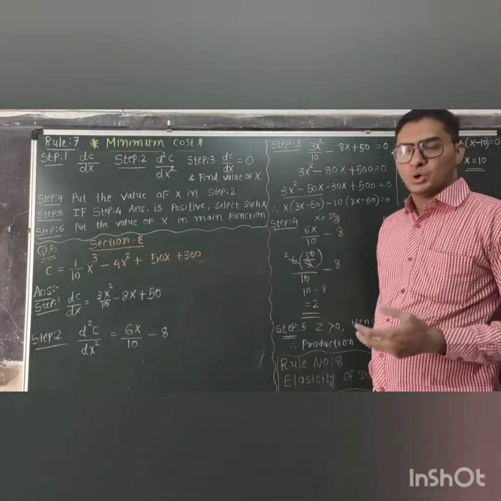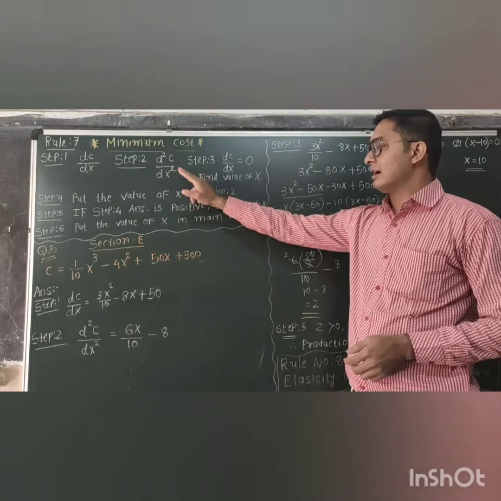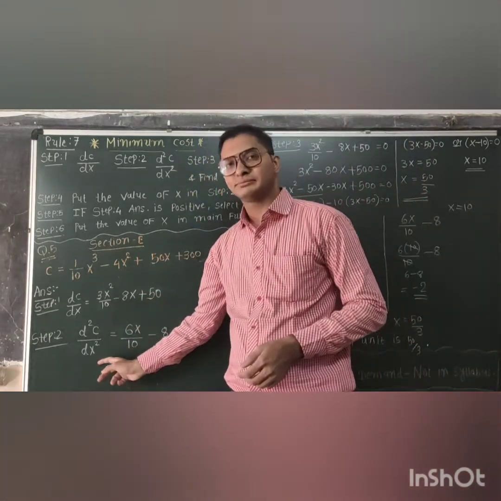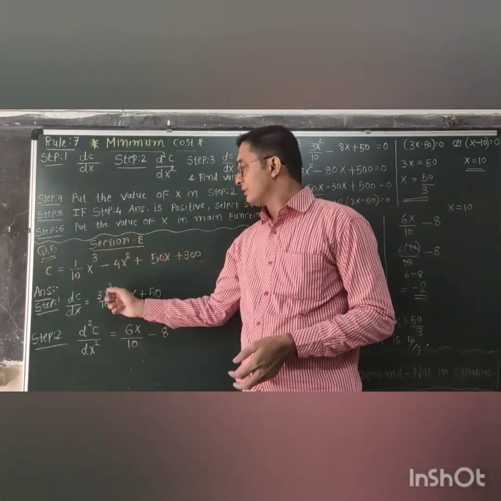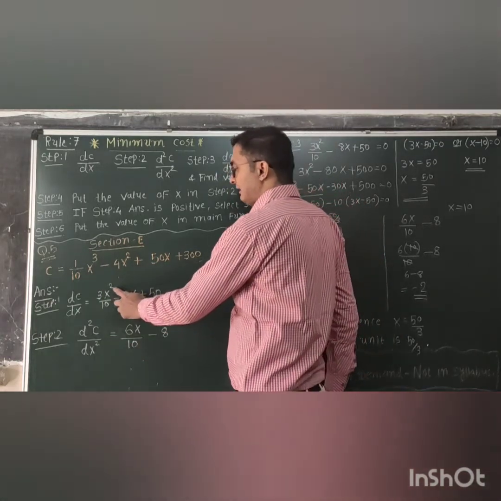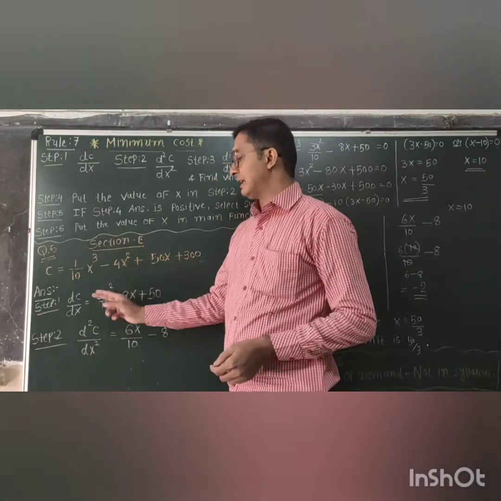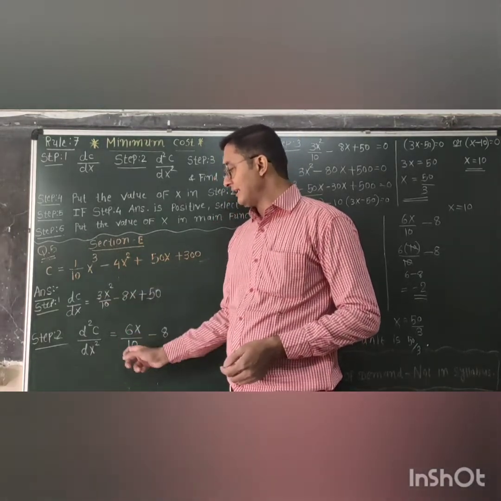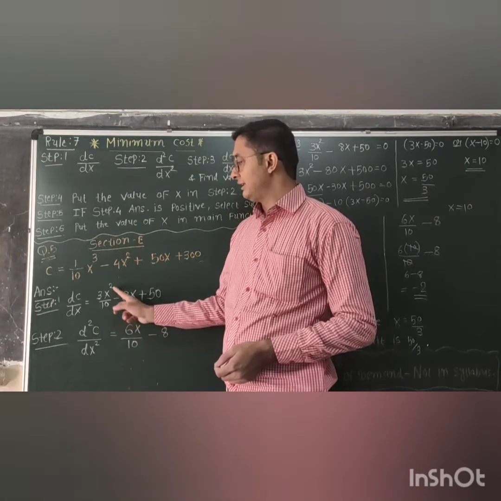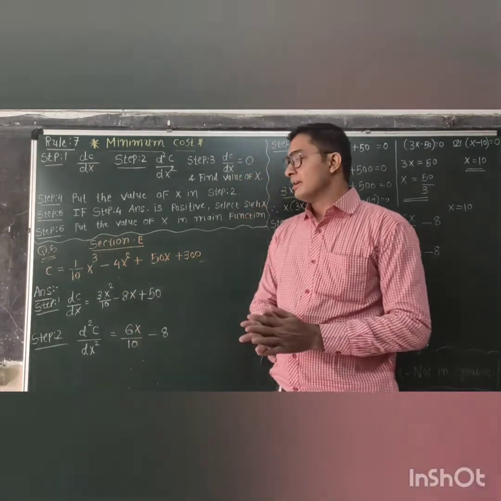Now what is step number 2? d square c upon dx square. So now again the derivative of this value. Here the power is 2, so it is multiplied by 3. So 3 times 2 is 6x divided by 10, deduct power 1, so x raised to 1.